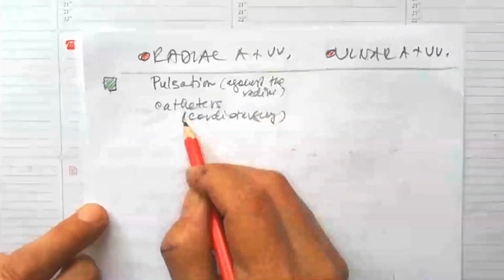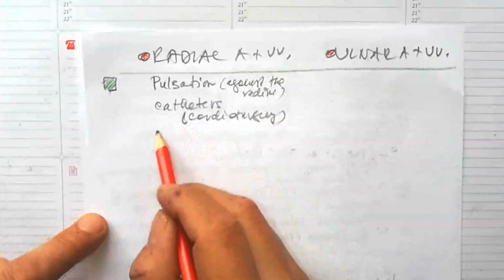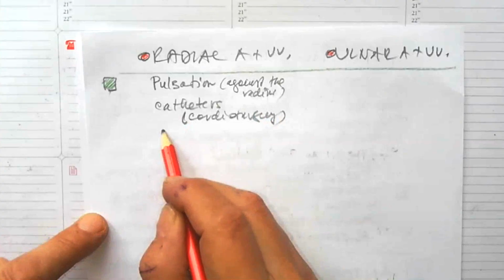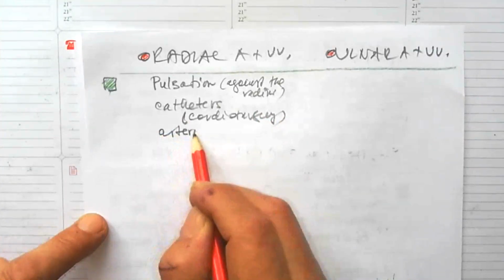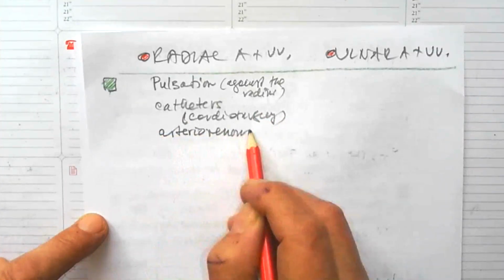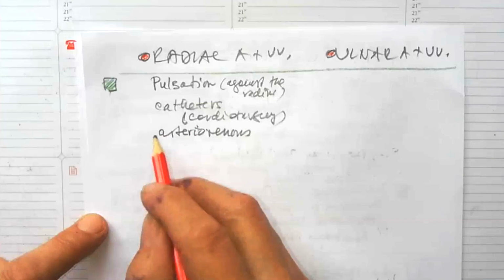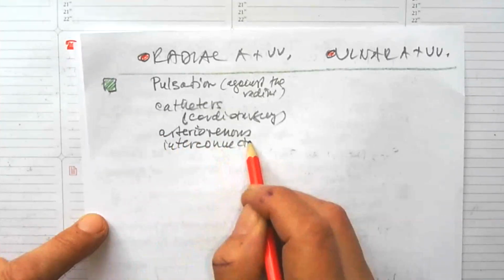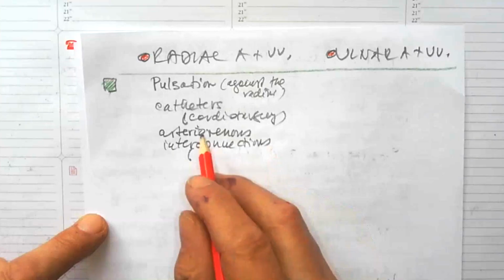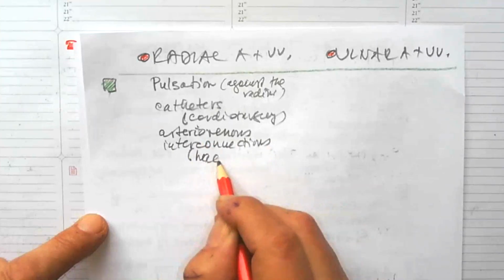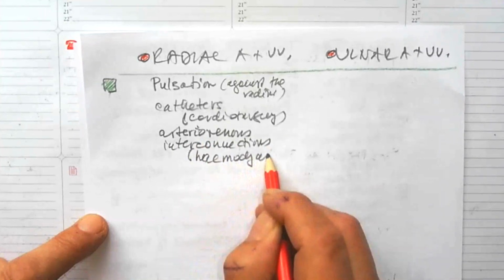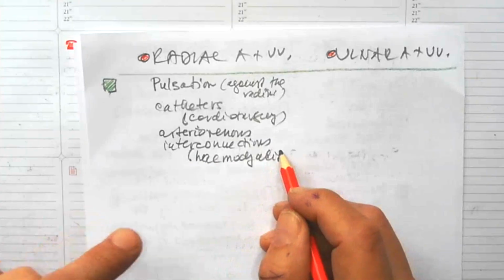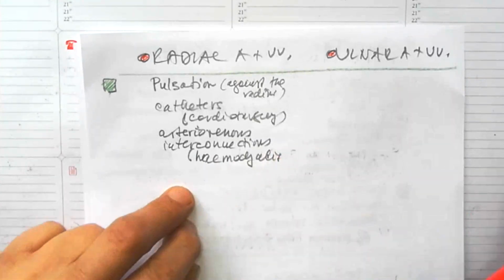Then these vessels are used also for arteriovenous interconnections, different types of interconnections, especially in hemodialysis.